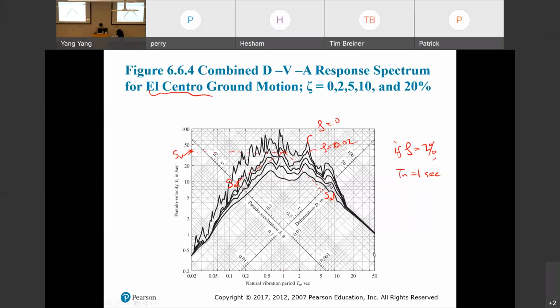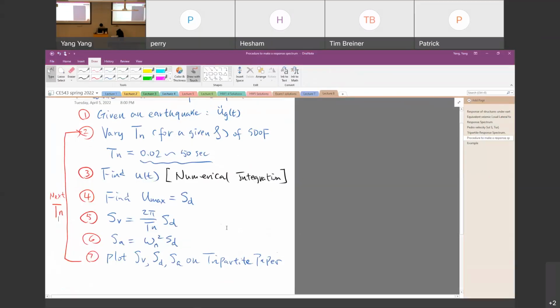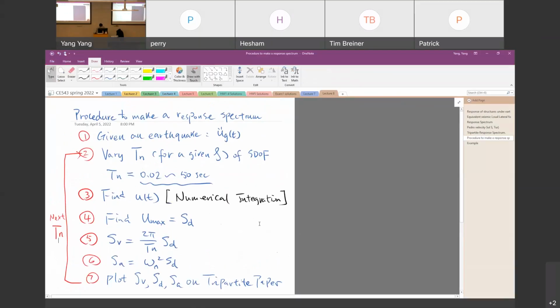Okay, so that's the construction of the response spectrum. Next, I would like to show you some features of the response spectrum curve, and the application of the response spectrum.